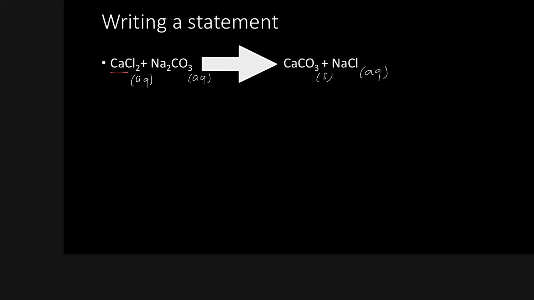And so the first part of your answer would be calcium chloride, but because it is aqueous, you have to include that word. Matter of fact, before we write a statement, you have to balance it, and that's an important detail that I forgot to mention. So I apologize.